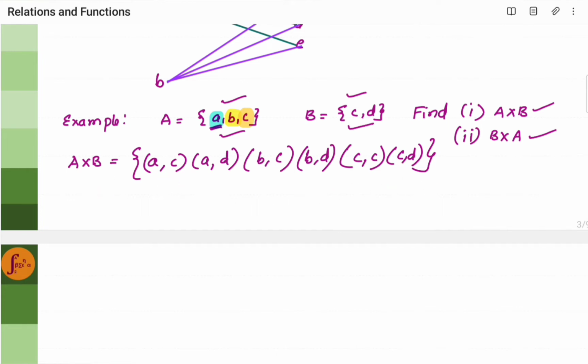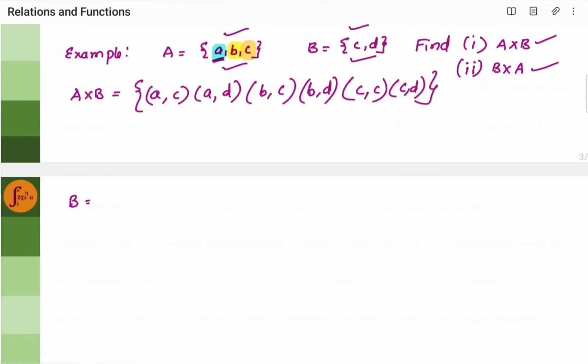This is A into B, right? Now similarly we'll find B into A. B is equal to {c, d} and A is equal to {a, b, c}. Now we will have to write set B first and then set A because we have to find B cross A, right? So now we'll start creating ordered pairs.